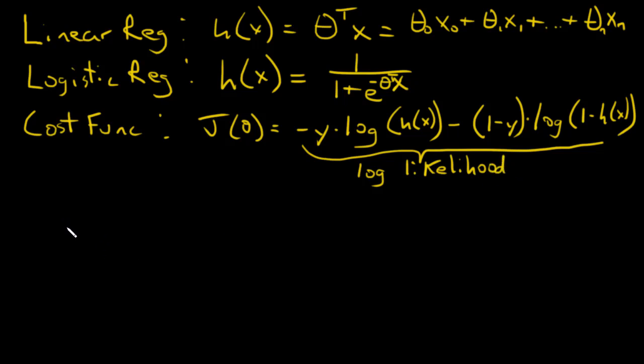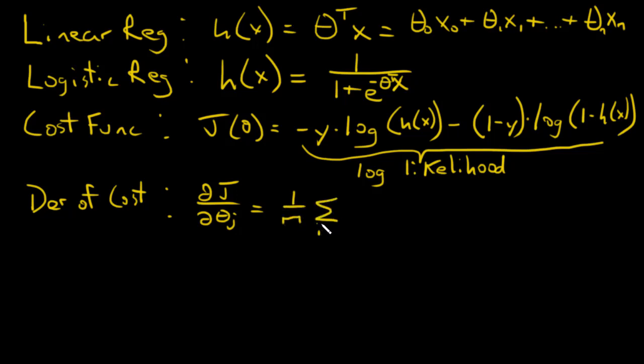We did a fairly substantial derivation to get the derivative of the cost function, the partial of j with respect to theta sub j, and that wound up being just 1 over m, summation i from 1 to m, of our hypothesis function minus the actual y value, times x sub j.